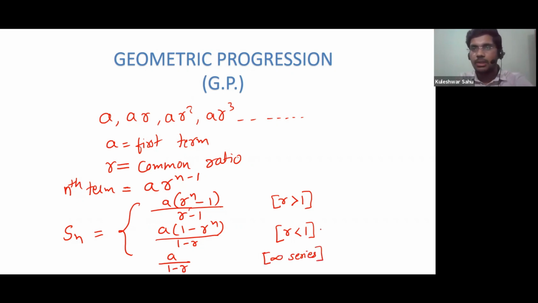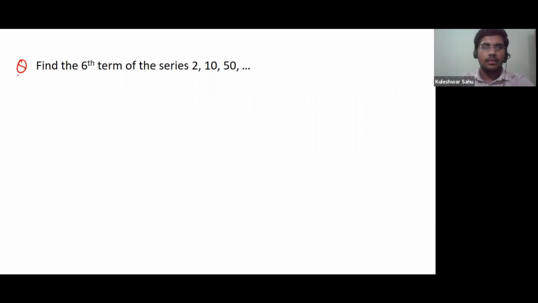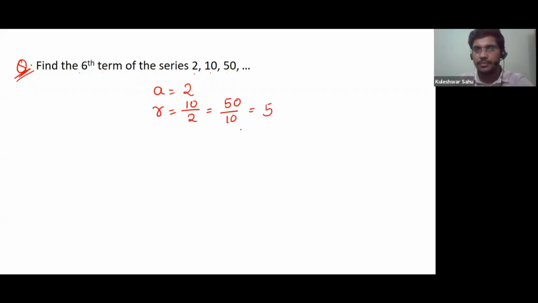So that's all about the basics of geometric progression. Let's solve some of the questions from the geometric progression. Question number 1, find the sixth term in the series 2, 10, 50, and so on. Here we can see the first term is 2. Common ratio can be either second term by first term or third term by second term, and every time it is going to be 5.